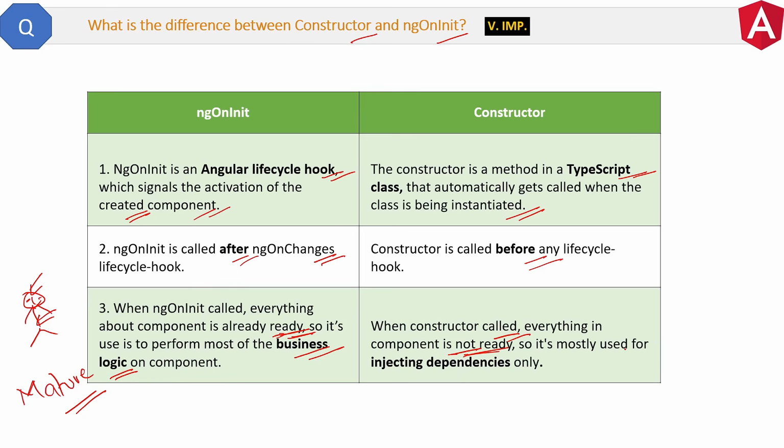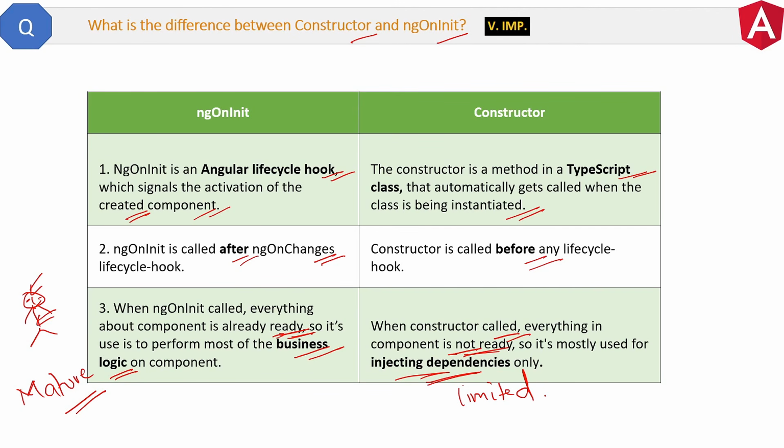So at that point, mostly we use it for just injecting the dependencies only. This is one very important thing which we do inside the constructor, and that is injecting dependencies. Apart from this, we can declare variables, instantiate some classes, but not more than that. Very limited code should be placed inside the constructor.